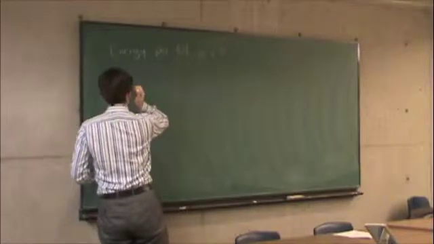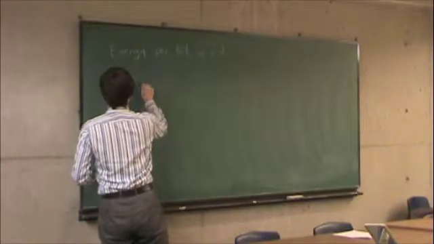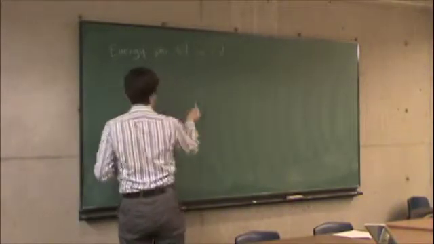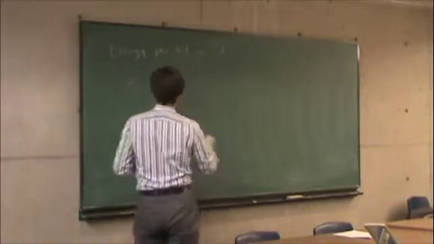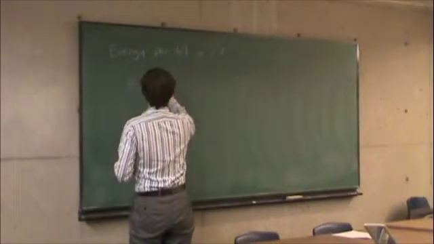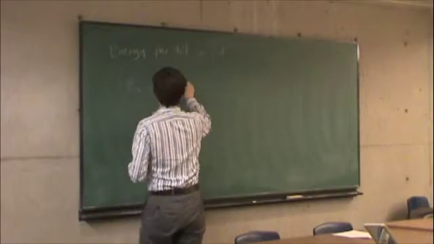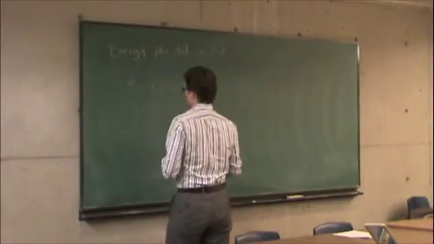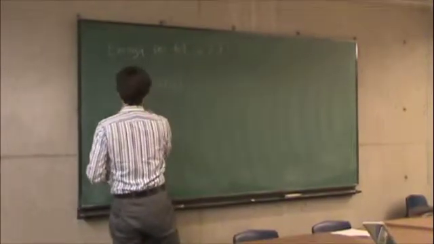If I can write energy per symbol, remember, as basically the average energy in each of the signals, this is the sum over the probability that I was sent times the energy in I. So what is the energy in I?